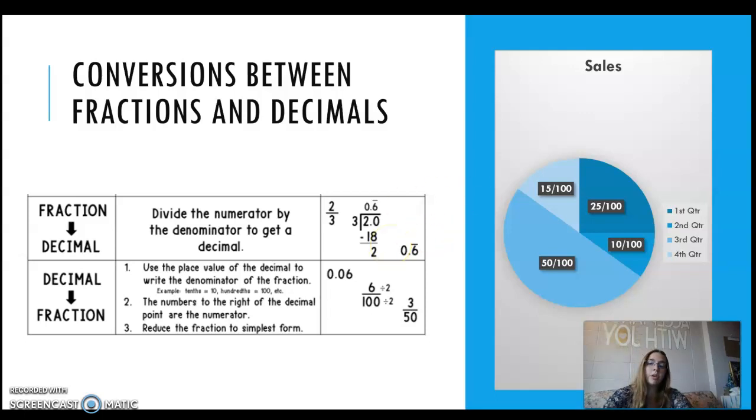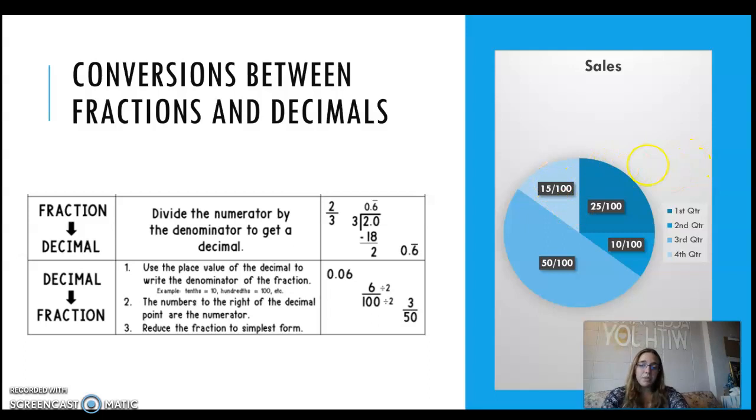I also included the sales throughout the entire year, out of 100, divided into first, second, third, and fourth quarters, with the various percentages, fractions, and decimals, and they are exactly the same. I wanted you to see through this pie chart that they are the same proportional relationships between fractions, decimals, and percentages.